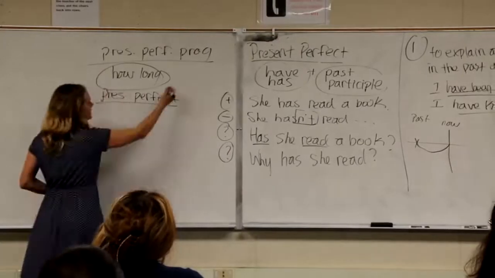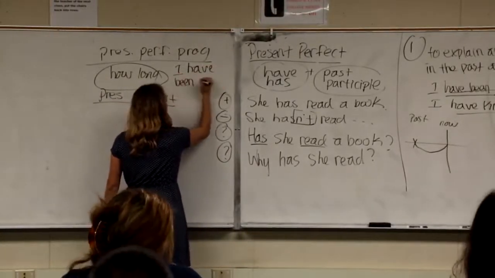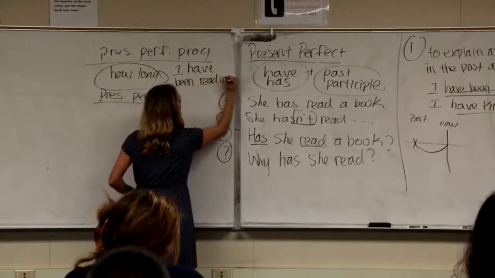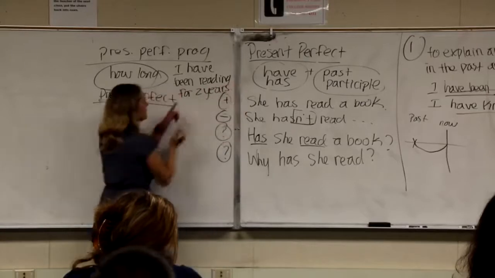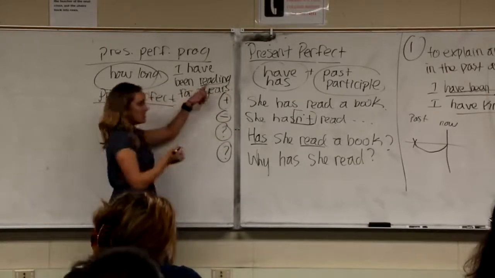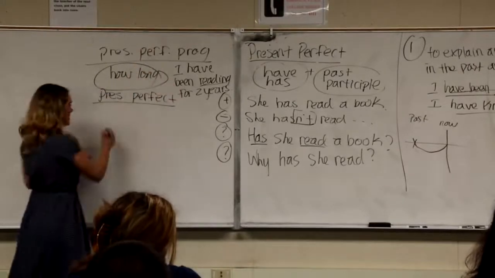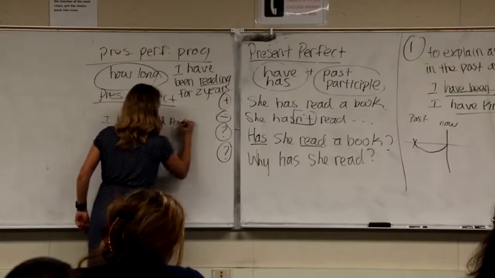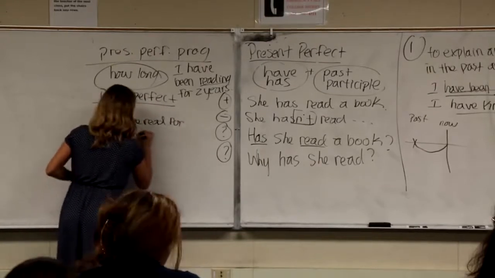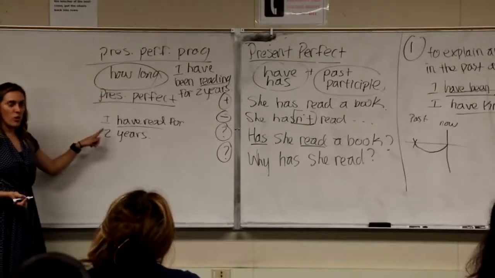So if you're focusing on how long, use the present perfect progressive, if the verb is an action verb. Like, I have been reading for 2 years. This is an action. It's better to use this one than this one. Why?